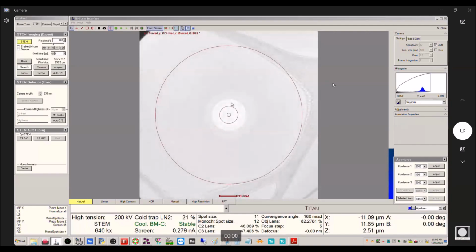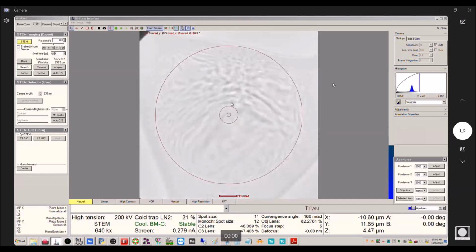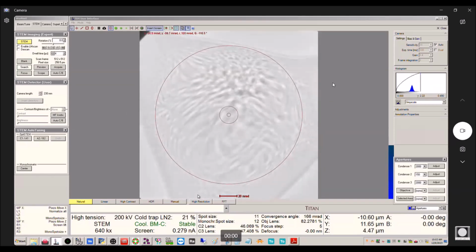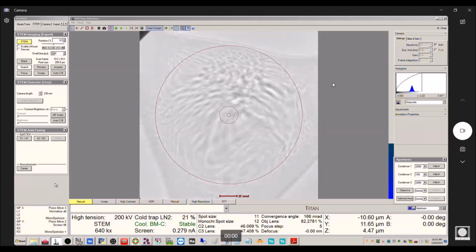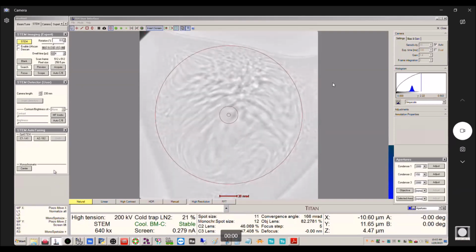Okay, so now we're going to move over some material. I should say over some support film. Okay, and now we're going to focus with Z. Okay, and so now again, it's just like before, we're going to correct B2 and A1.